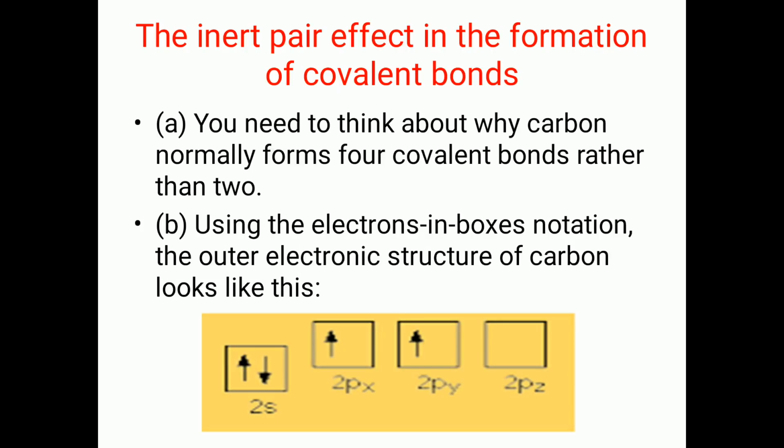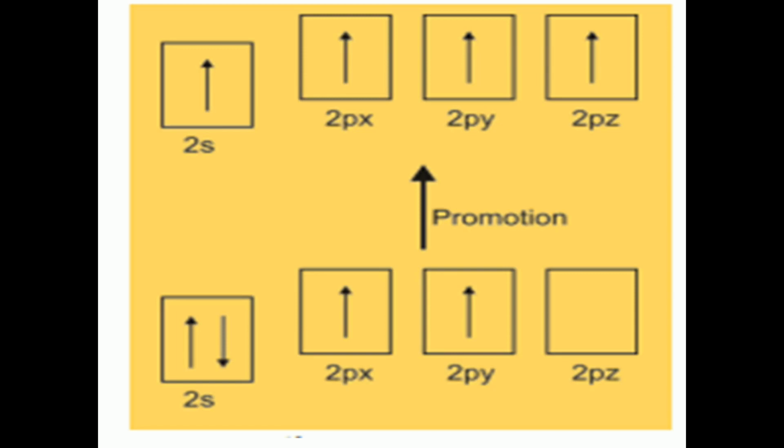The inert pair effect in the formation of covalent bonds. You need to think about why carbon normally forms 4 covalent bonds rather than 2. Using the electrons-in-boxes notation, the electronic structure of carbon looks like this. Here, on excitation of these 2s electrons, carbon now has 4 unpaired electrons.